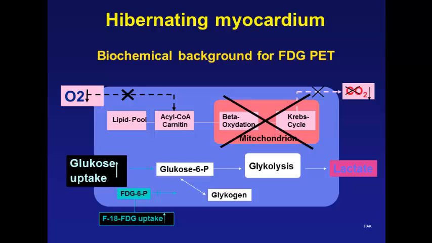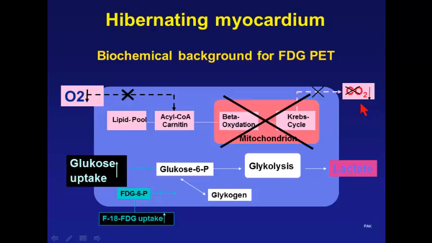Now, how is PET working in these patients? That's a symbolized cell. Usually the energy in myocytes is obtained by getting oxygen and using it in the beta oxidation in the mitochondria, and producing then energy plus CO2.